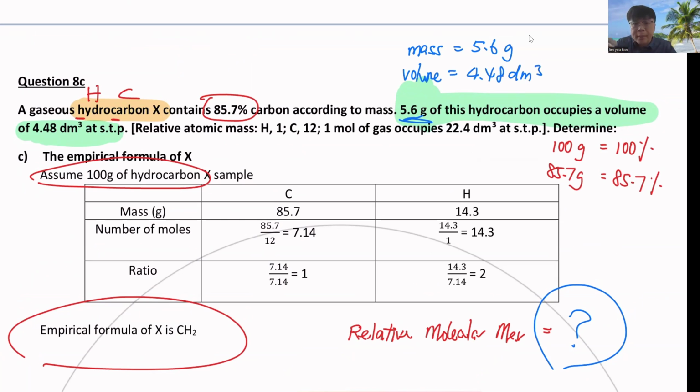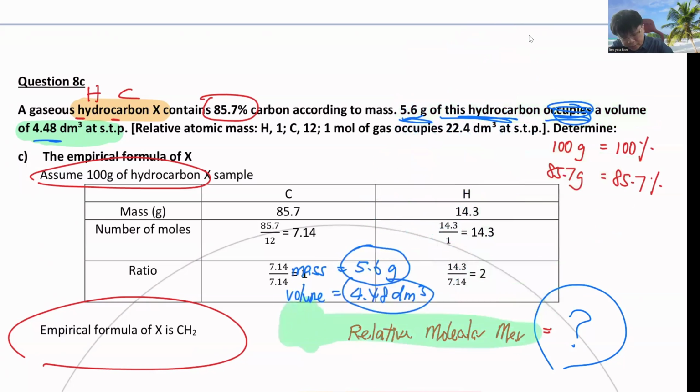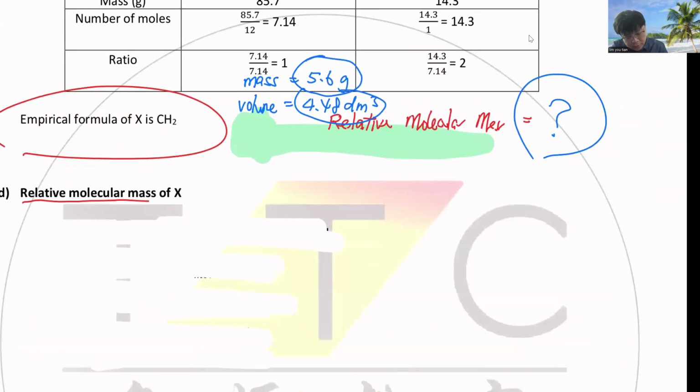So 5.6 gram of this compound is equal to 4.48 dm cube. Based on these two pieces of information, we can find out the molar mass. How do I find the molar mass? It's very simple.